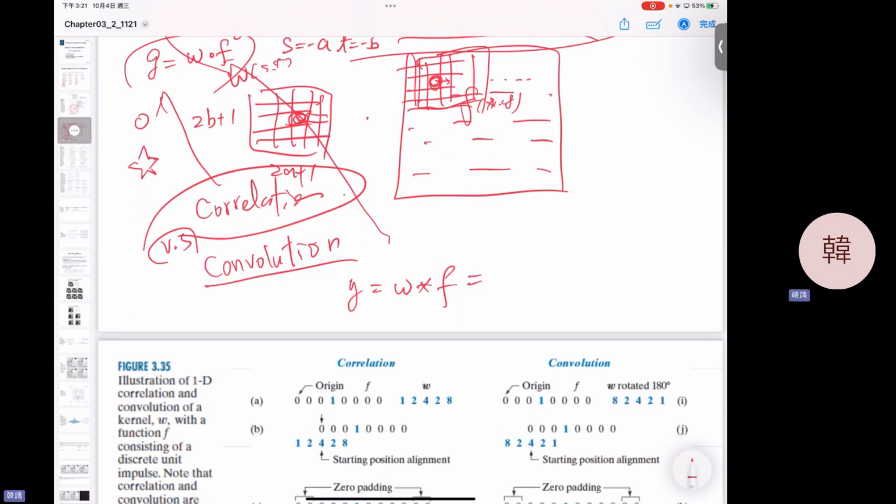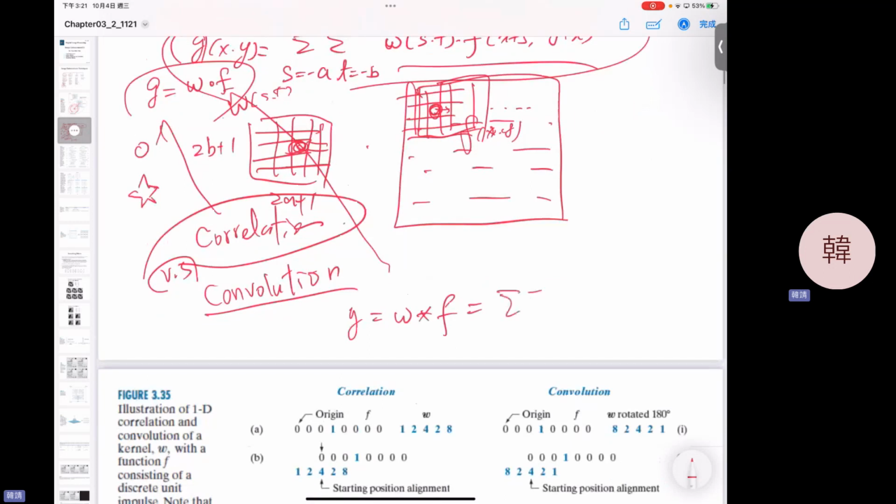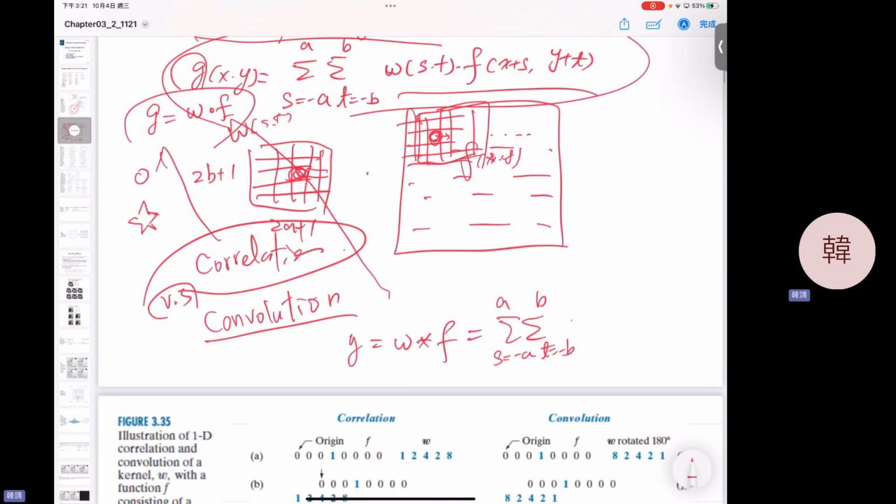It can be written the same as this one, summation s from minus a to a, t from minus b to b, because your mask size is the same. But in this operation, whether you rotate your mask or rotate your image, it is the same result.